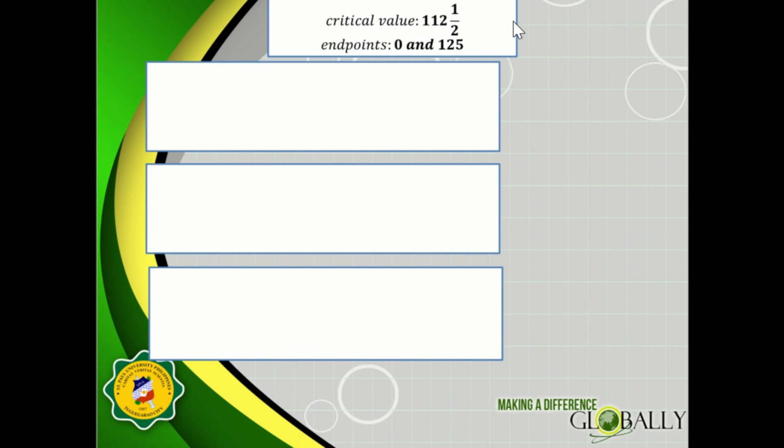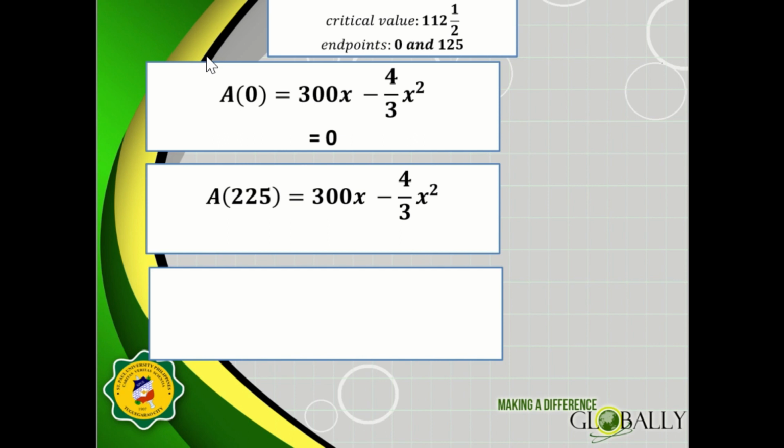So now let's find the absolute minimum and maximum value by substituting our endpoints, which are 0 and 225, and the critical value of 112 and a half as the value of x. So if our x is 0, it will give us also 0. Next, if our x is 225, you can use your calculator by the way to check whether this is correct or not.